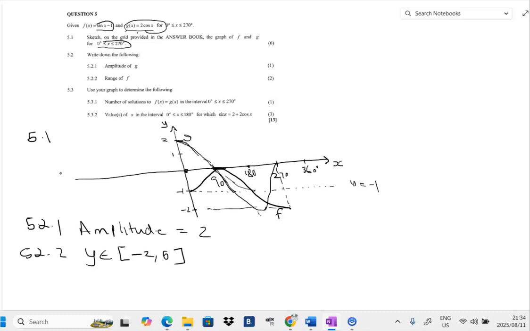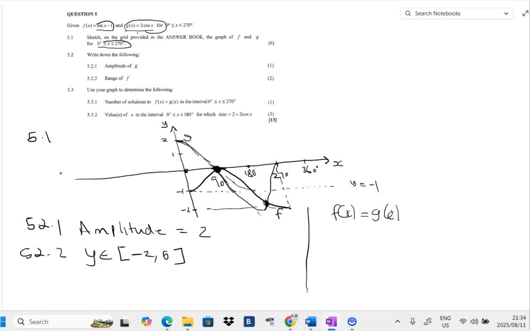Then 5.3, it says use the graph to determine the following. Number of solutions for which f of x is equal to g of x, right? We want the values of x for which these functions are going to be equal. They are equal here at 90, and they are also equal here. So there are 2 points where these graphs are equal.